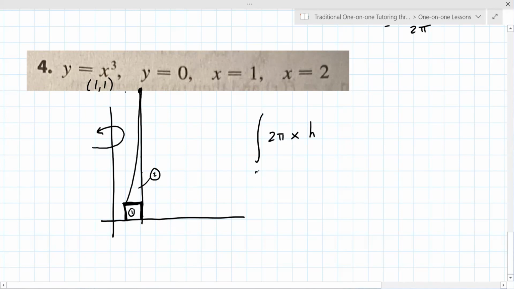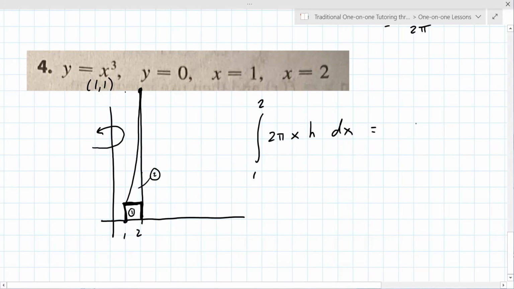So you're going from 0 to 1, because your height is 1. I'm sorry, I misspoke there. The limits of integration are from 1 to 2 because that's your x-axis. Whenever you do an integral in dx, your limits are on the x-axis.